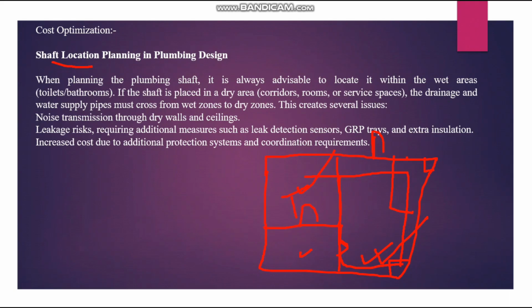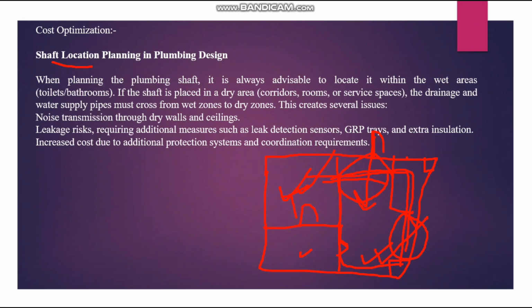This is the wet area. Normally we call the toilet area and kitchen area the wet area. The pipe from this wet area has to travel through the dry area. This is the dry area, not the toilet area, the entrance of the building. So you have to pass the pipe through the dry area, then direct it again to the wet area.